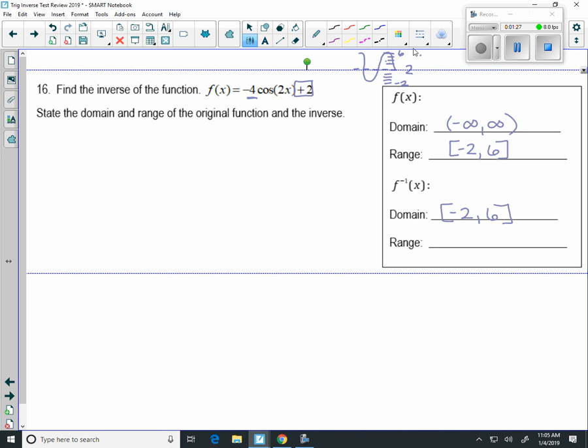So in order to find the inverse, we're going to change our f of x to y equals, switch x and y, and now we're going to solve for y. So the first thing I'm going to do is subtract 2 over.